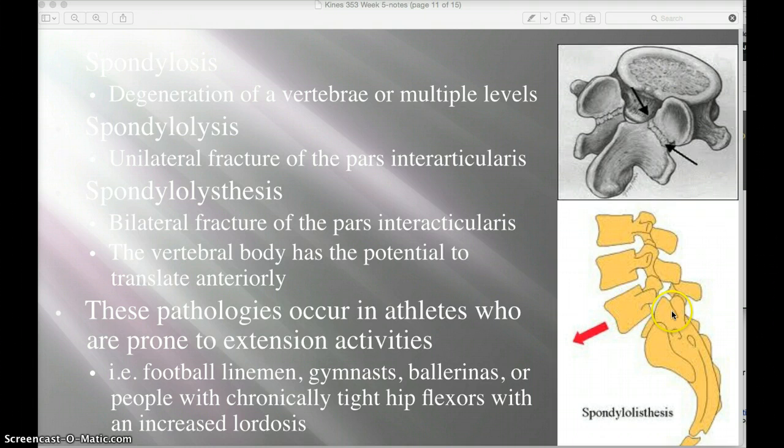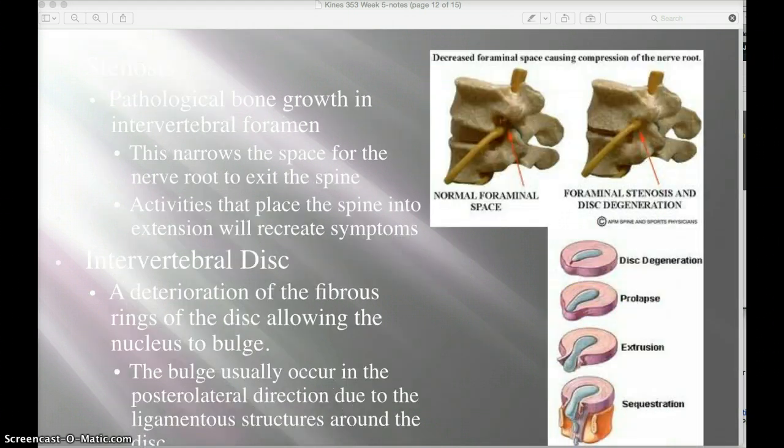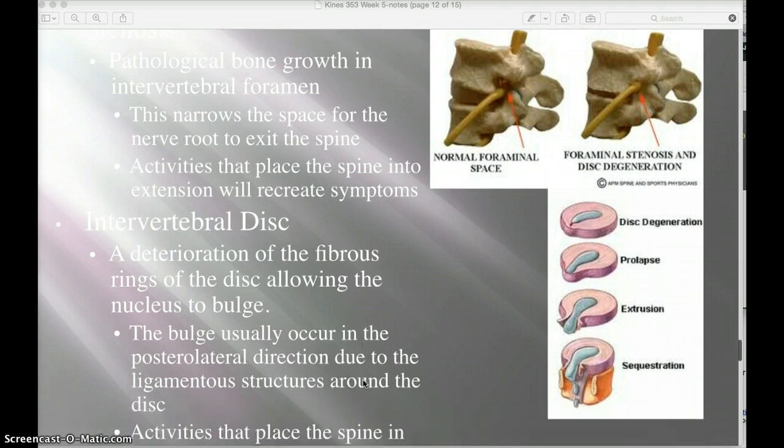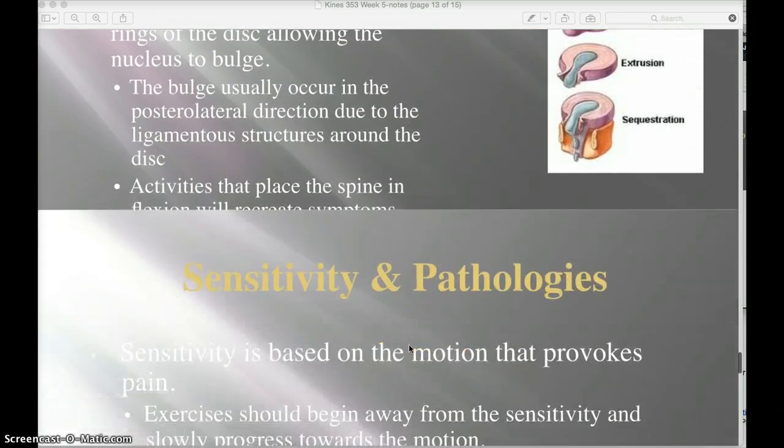The pars interarticularis is this portion here, and that determines what type of injury you have. And to finish up, we cover stenosis and also different types of disc protrusions. With the different types of disc protrusions, you can have a prolapse, extrusion, and sequestration, which just determines the severity.